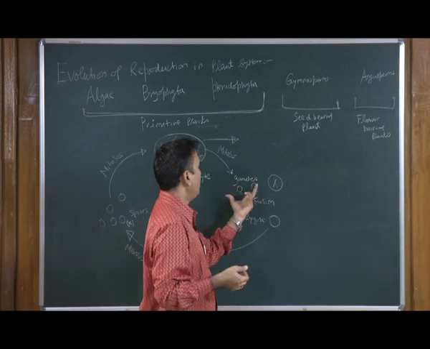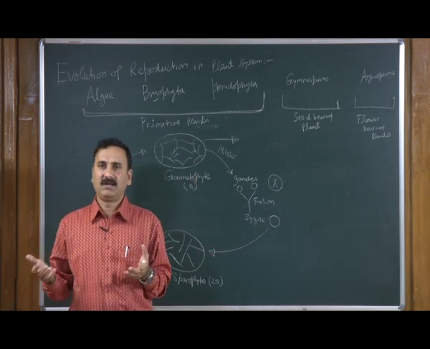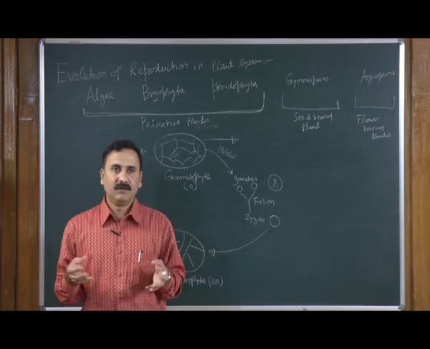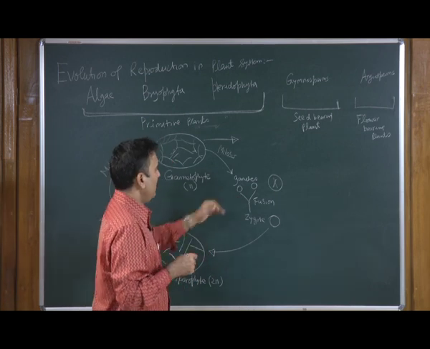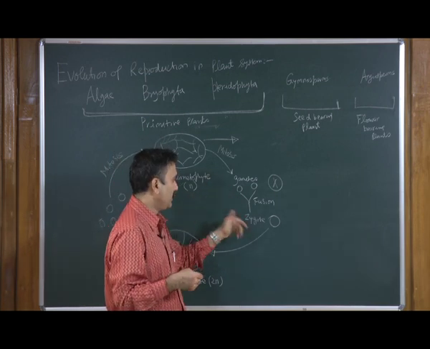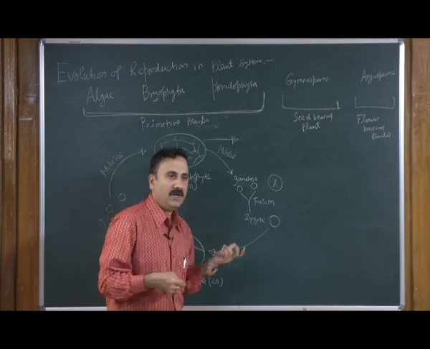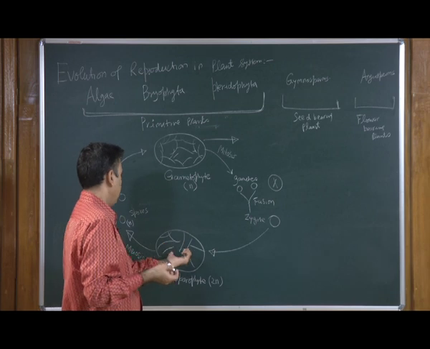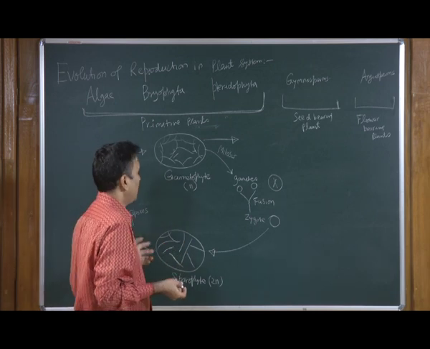If that medium is going to destroy these gametes, because for example the external environment is not good for the fusion, then these gametes are going to die. Even if the gametes got fused and the zygote is formed, the zygote may not evolve into the sporophyte because it may also get damaged. Once the sporophyte is formed, it will go for meiosis, spores are formed, but spores may not develop into the gametophyte.